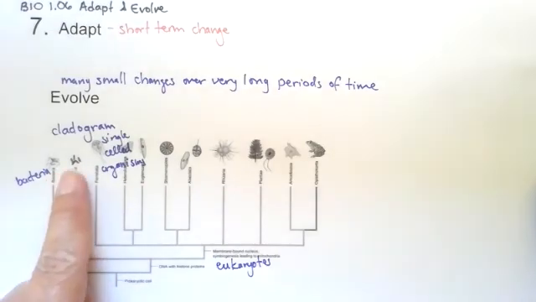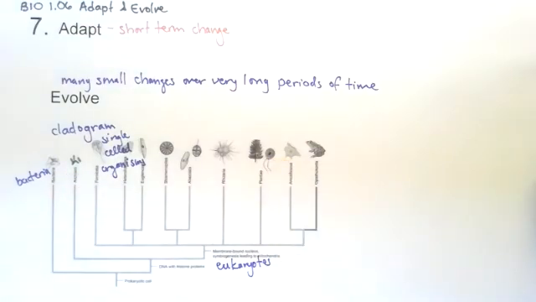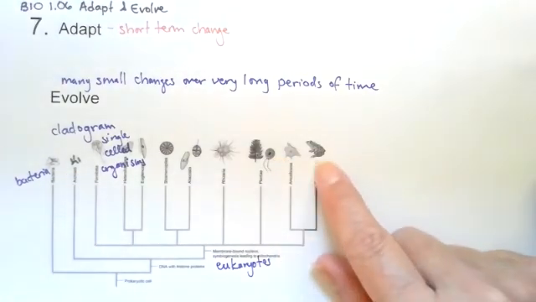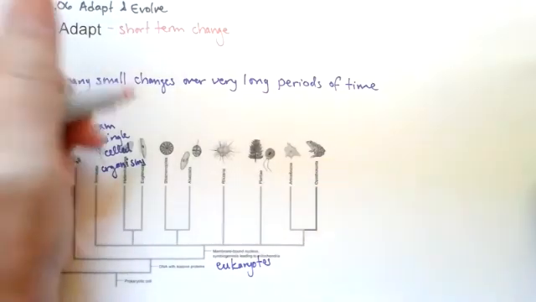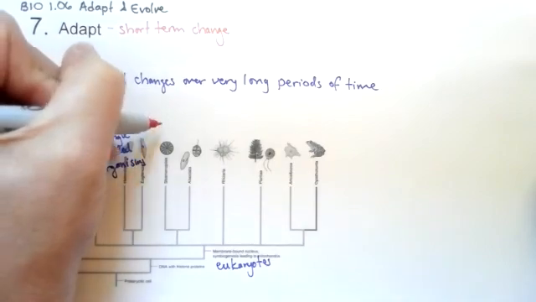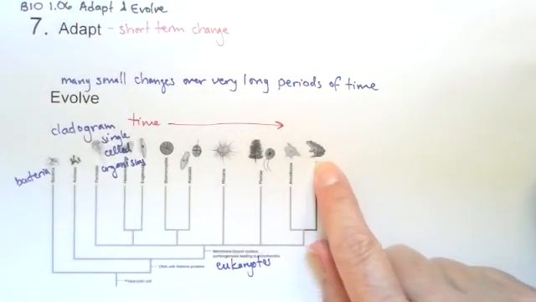So down here, my bacteria are really small. Over here, this guy looks a lot more complex, right? Well, if you carry those changes out and you keep going, with time flowing this way, we end up with something that's a lot more complex, like a frog.